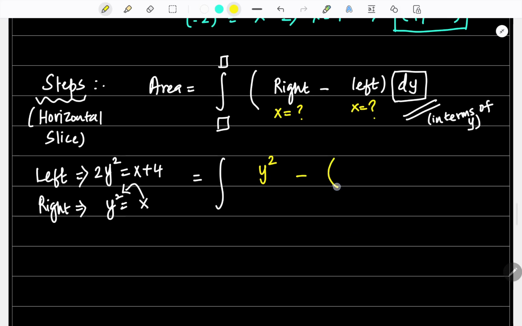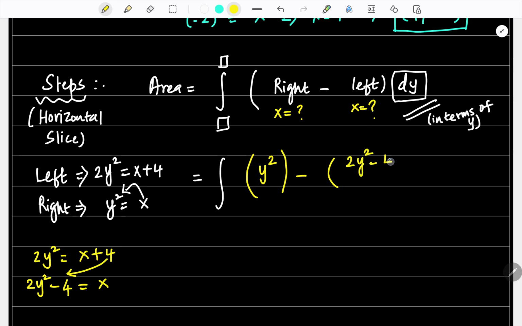What is your left? Open the bracket very carefully. 2y square equals x plus 4, so x equals 2y square minus 4. The 4 goes to this side. So this is 2y square minus 4. Close the bracket, into dy.